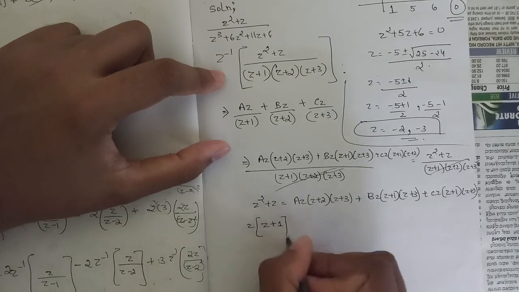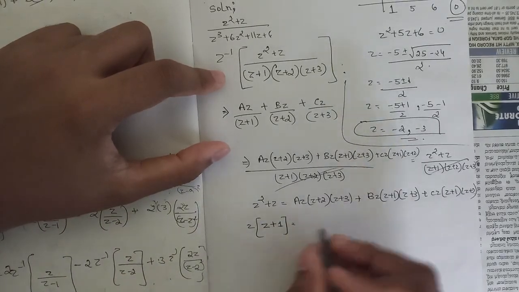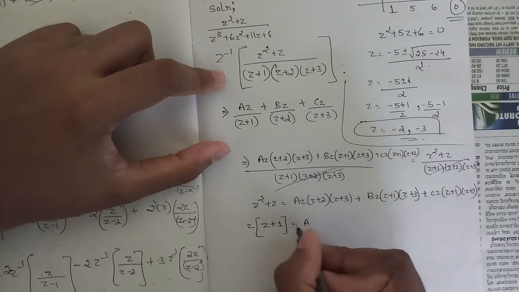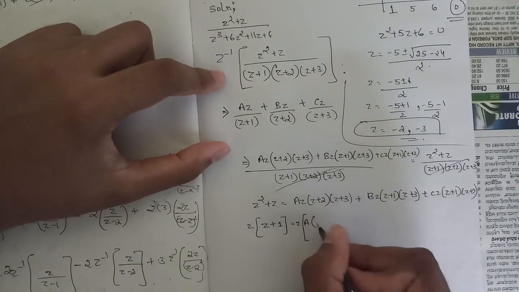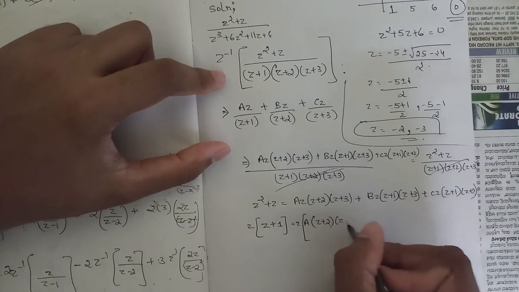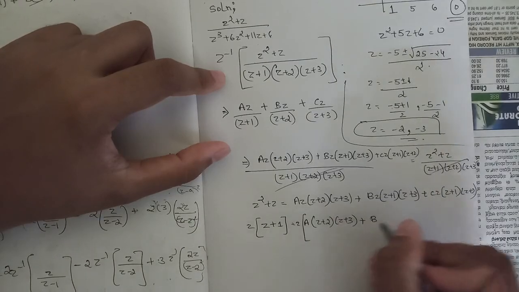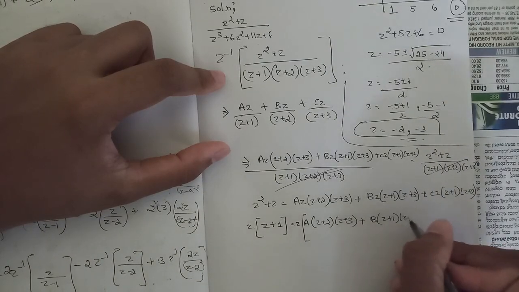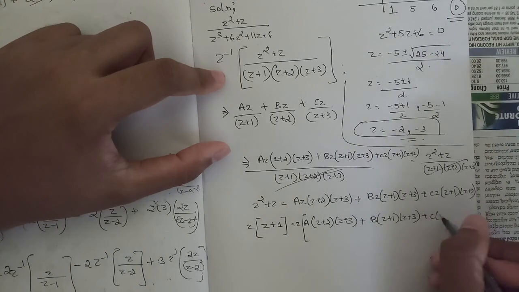So the remaining term here is z plus 1 equals z into a z plus 2, z plus 3 plus b z plus 1, z plus 3, c z plus 1, z plus 2.